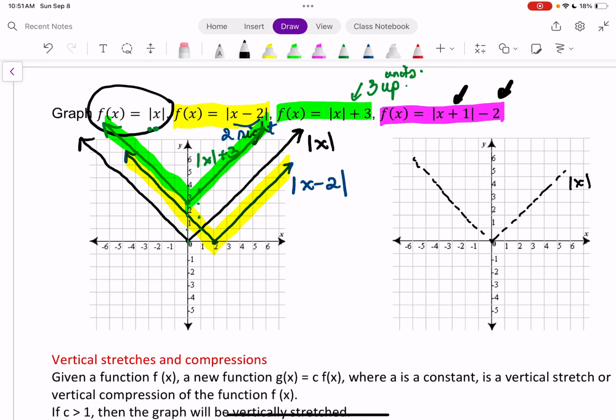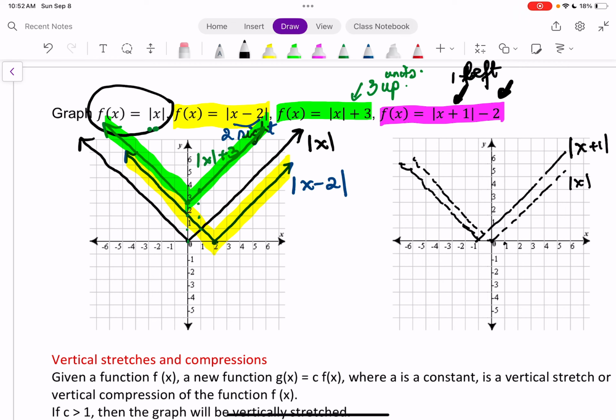So the absolute value of x plus 1 means you're going to move 1 unit left. So x plus 1, you want to go right, but you're going to go left. It's the opposite always of what the operation says when it comes to x's.